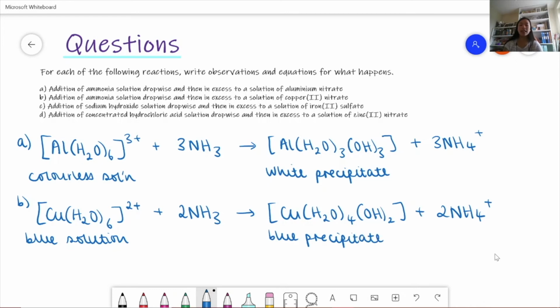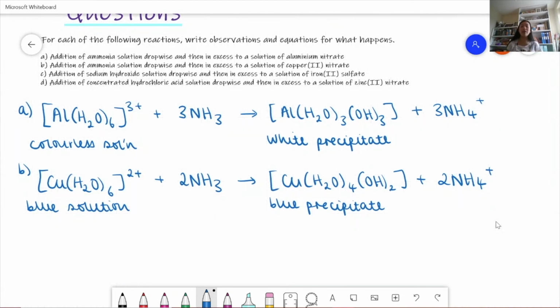And when we add an excess, remember that this blue precipitate then redissolves.